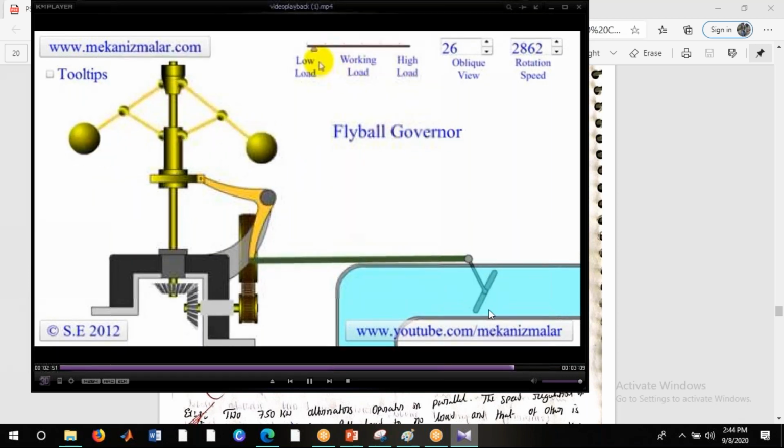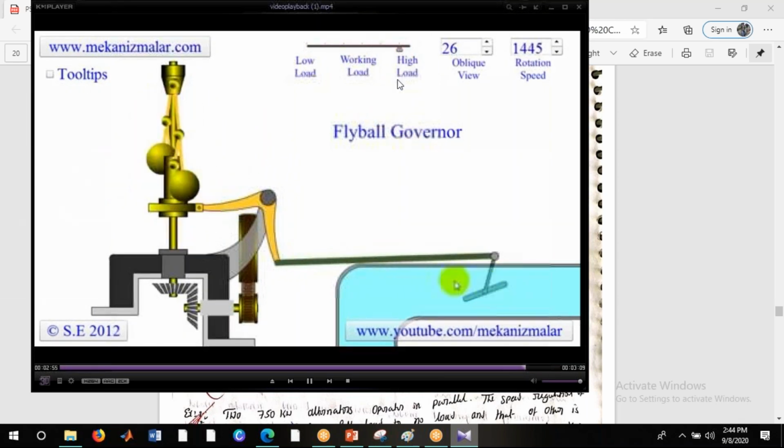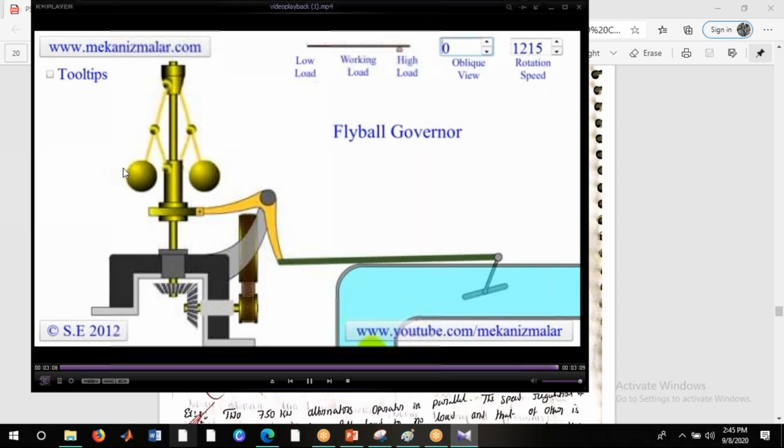If the valve is completely closed, then it should be showing the low load. When the valve is open, then it shows the high load. So based on this mechanism, we can control this speed governing system, and automatically due to this speed governing system, the turbine will be controlled and automatically the generator is also controlled. And this mechanism should happen within a fraction of seconds. Then only we can maintain that load regulation.